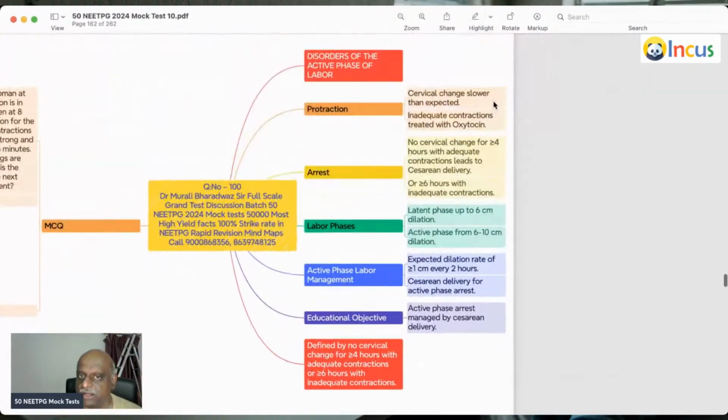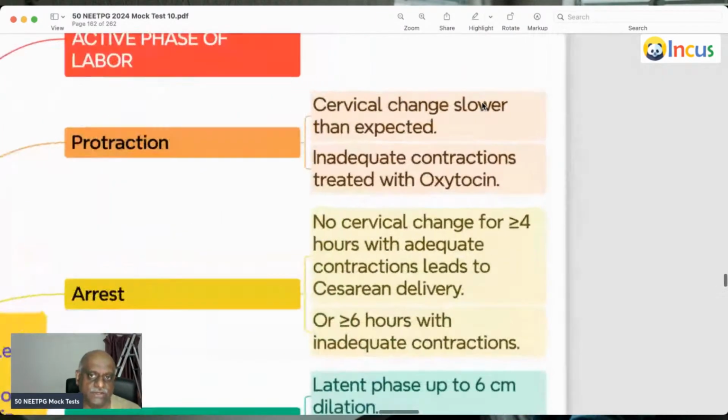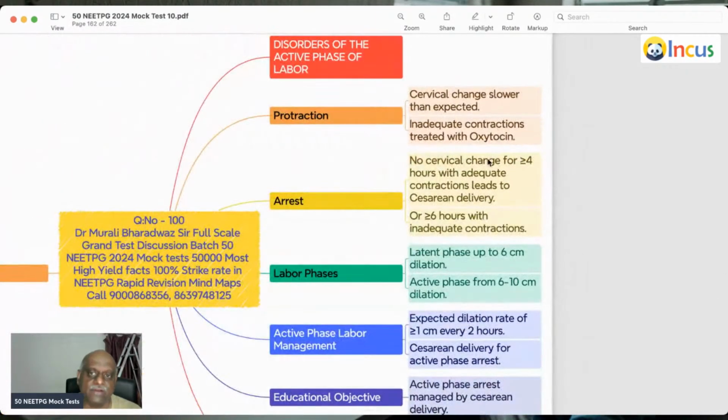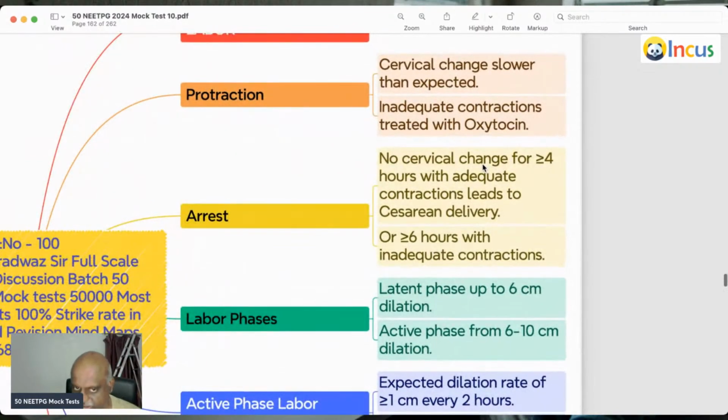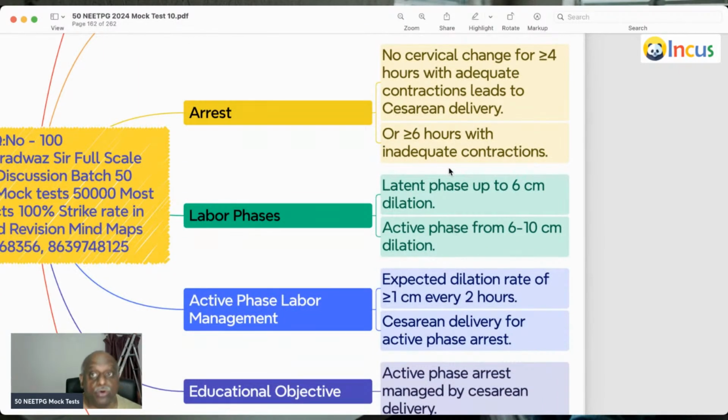So you should know, doctor, protraction: cervical change slower than expected. Inadequate contractions are treated with oxytocin. Arrest means no cervical change for more than 4 hours with adequate contractions, leading to caesarean delivery, or more than 6 hours with inadequate contractions.